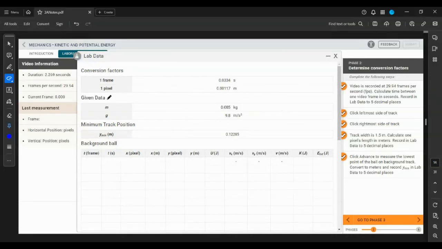So one frame, we need to find out how much time that's going to be on its own, and so we do need to read very carefully. The video is recorded at 29.94 frames per second. So this changes between different labs and possibly changes slightly between different students. So you may see 29.97 or 30, or on other labs you may see 15 frames or 60 frames.